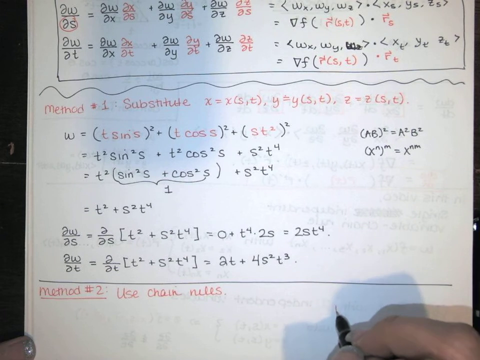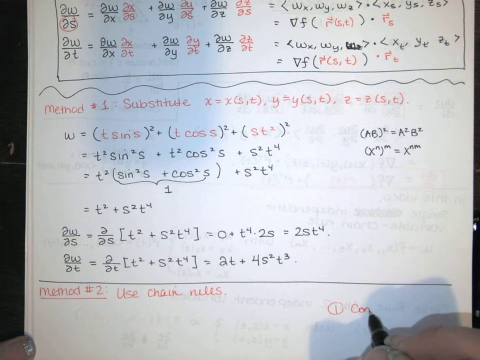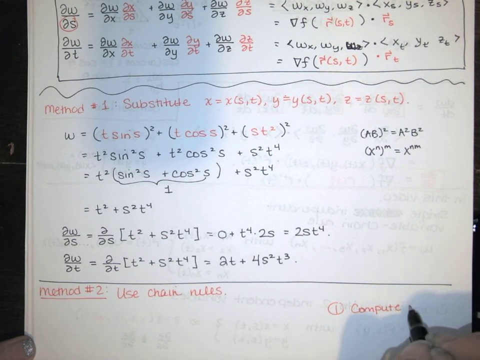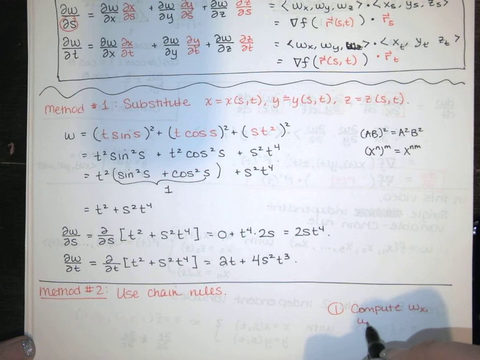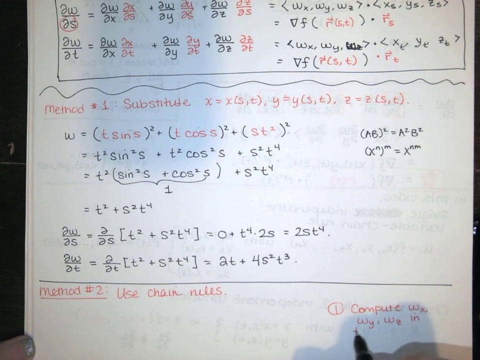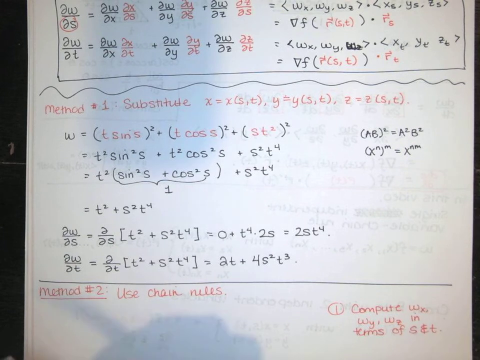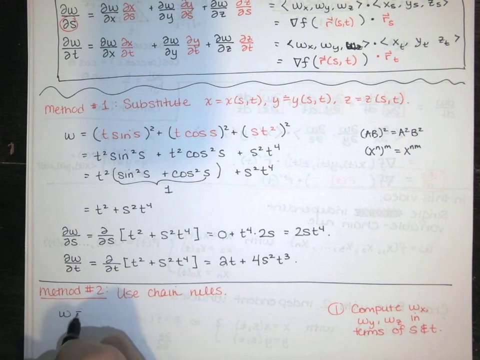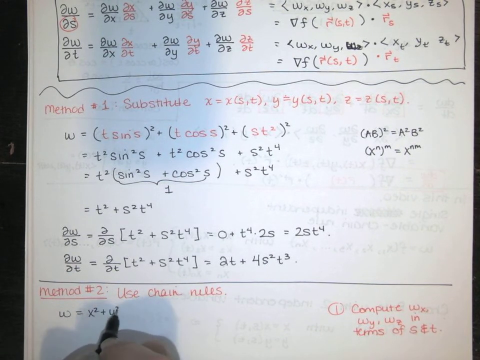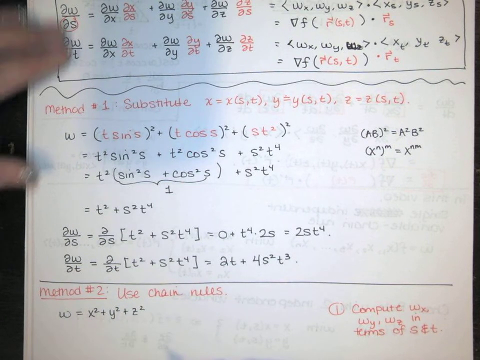So first we need to compute those partials. W depended on x, y, and z, so we need partials of w with respect to x, y, and z, and we want those in terms of the new variables, s and t. Well, w is actually a very simple function. It's just x squared plus y squared plus z squared.